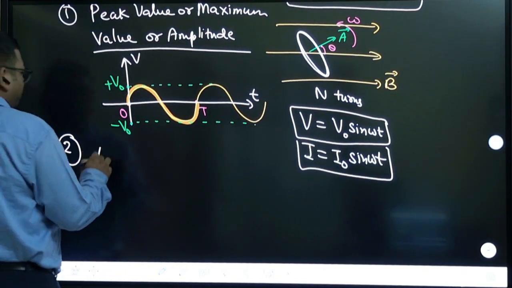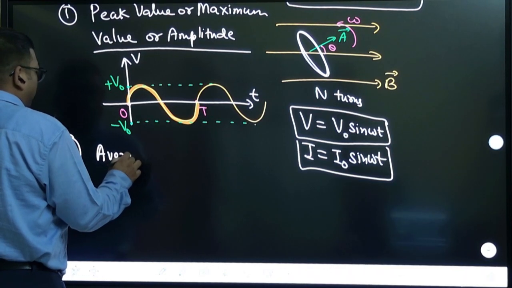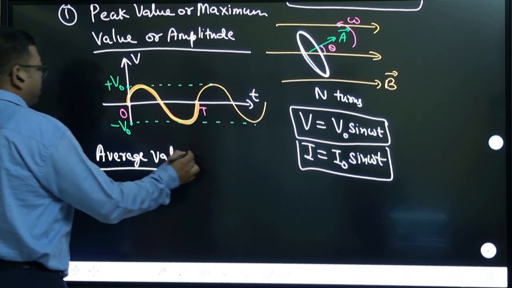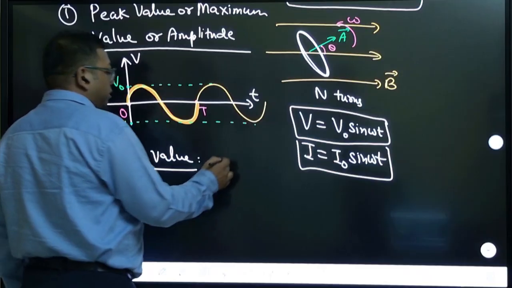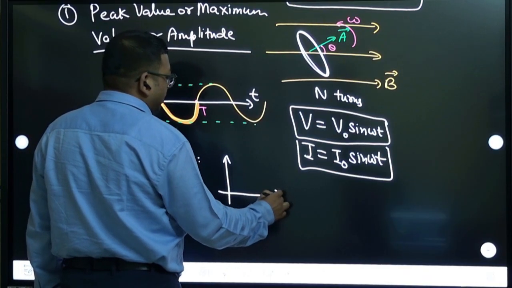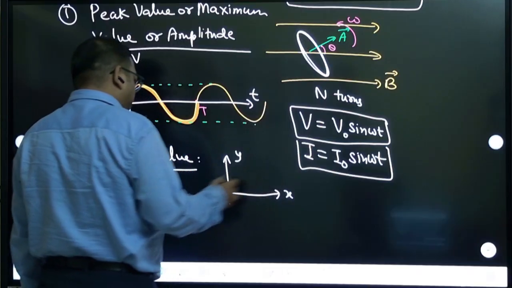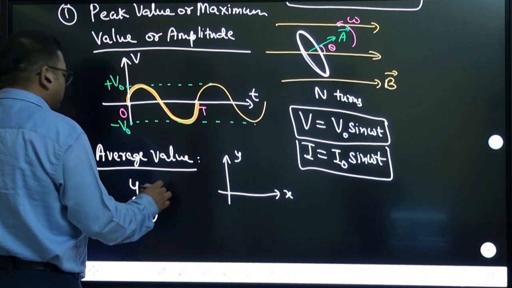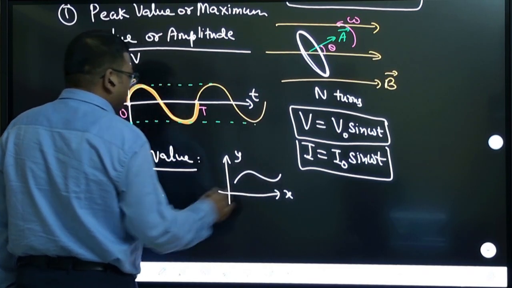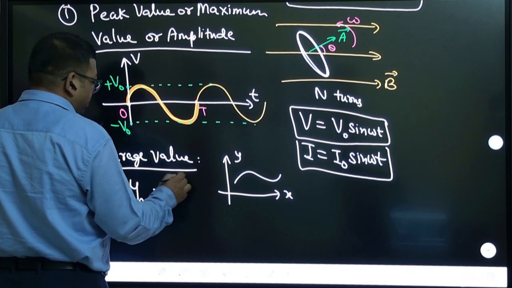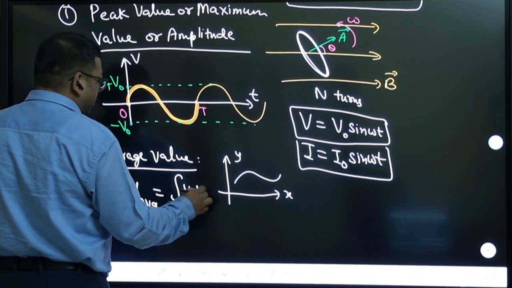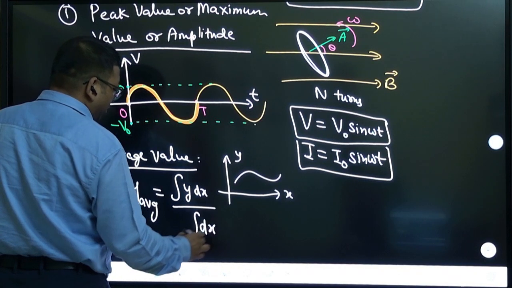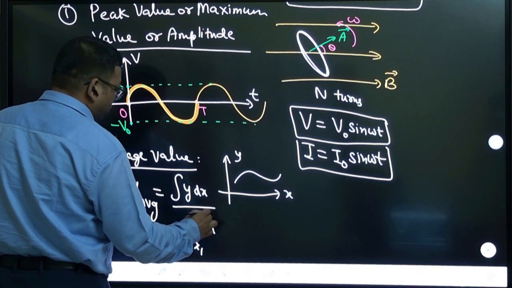is called average value. So average value by definition: suppose any graph is there between x and y, right? The average value of y, for any type of graph it may be, is defined as the integration of y dx divided by the integration of dx between the limits x1 to x2.